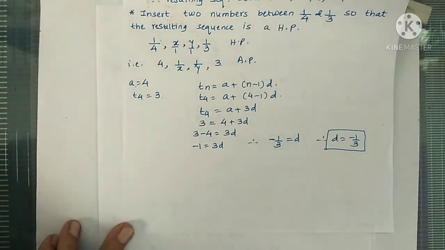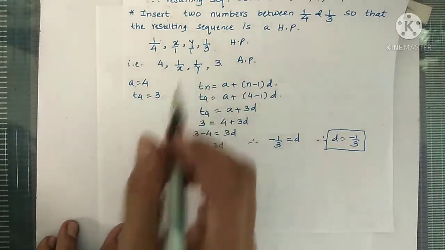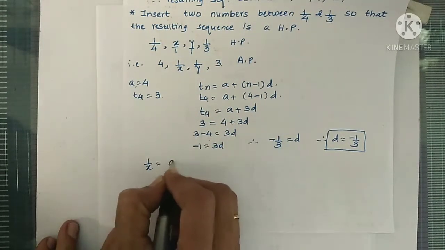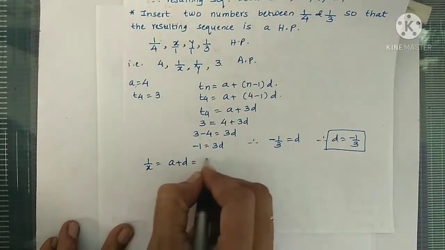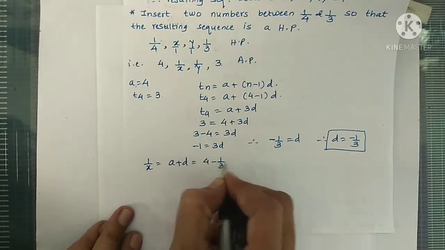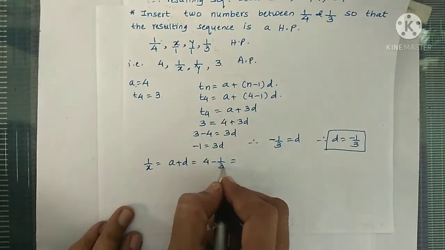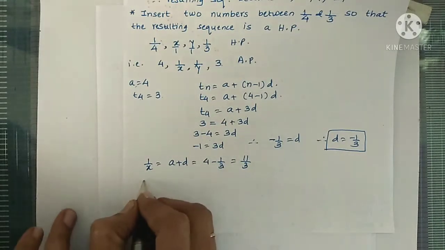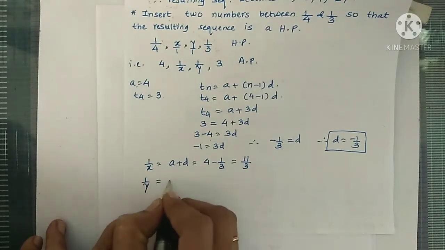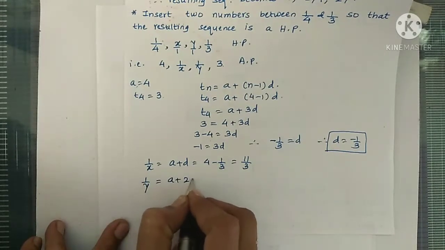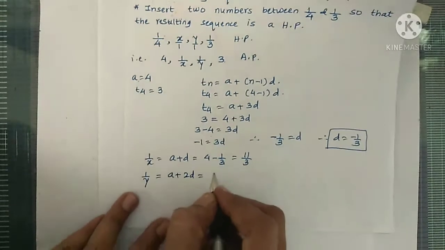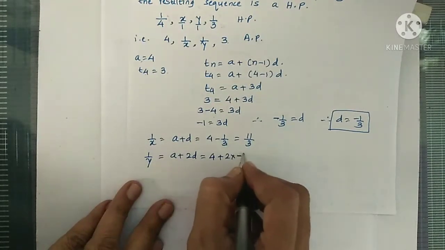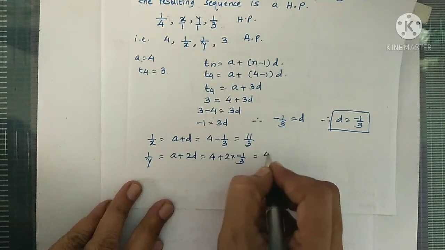Now 1 upon x, the second number, is a plus d. Now a is 4 and d is minus 1 by 3. 4 into 3 is 12, minus 1, that is 11 upon 3. Now 1 upon y, the next number, is a plus 2d. Now a is 4, 2 into d is minus 2 by 3.